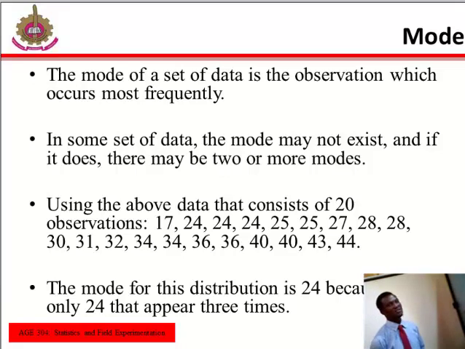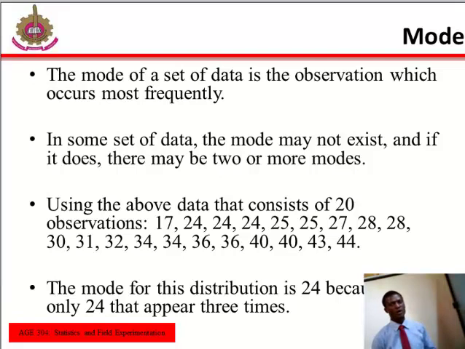Mode. The mode of a set of data is the observation which occurs most frequently. That is the observation that repeats itself most. In some sets of data, the mode may not exist, and if it does, there may be two or more modes.